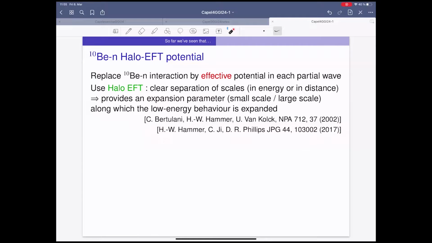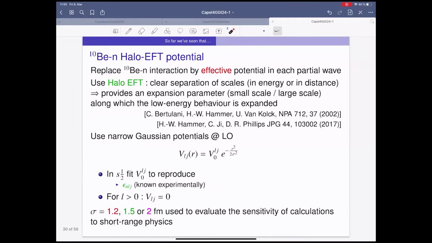So what is the idea? The idea is that, as usual in an effective theory, you replace a complex system by a contact force, okay? And you go order by order, expanding that as a contact force plus its derivatives. So at leading order, we can't work with a contact force in these kinds of codes, so we regularize everything using a Gaussian.